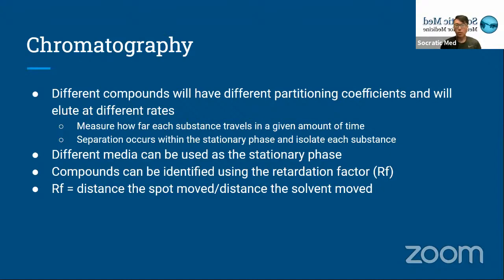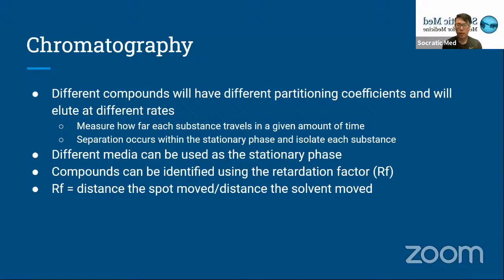If you use a polar stationary phase, the polar substances will stick to the stationary phase more and won't travel as far as the non-polar compounds. So the compounds can be distinguished using what is known as the retardation factor. You'll most likely see it as a capital RF.